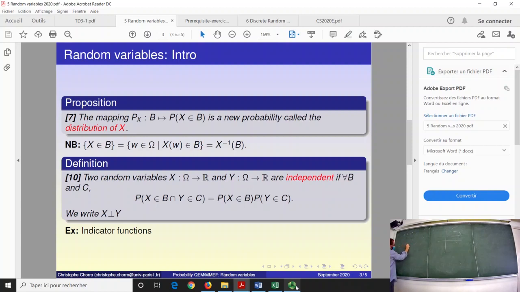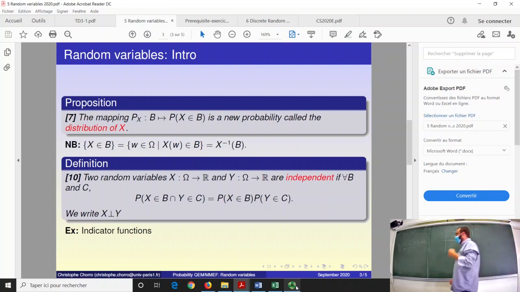It associates to any subset B included in the real numbers, for sure, the probability that X belongs to B. It's the definition given in the proposition.